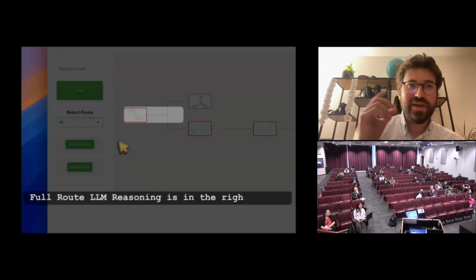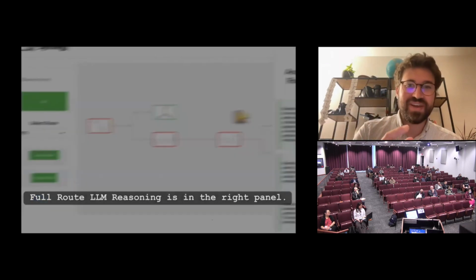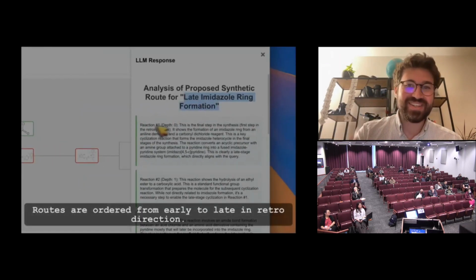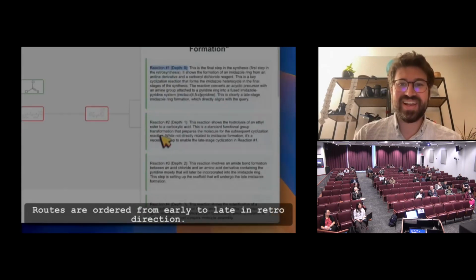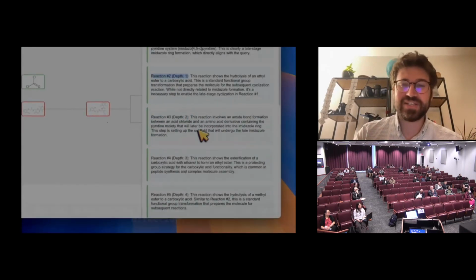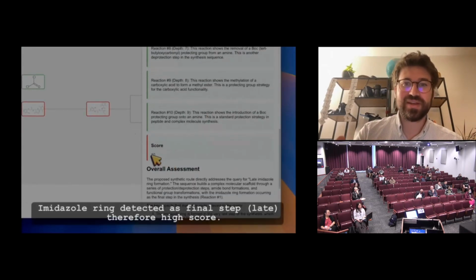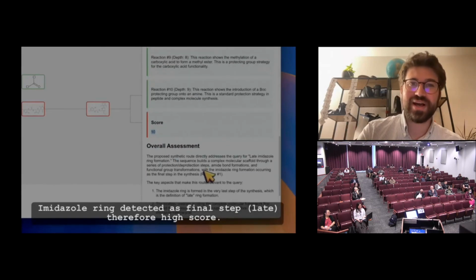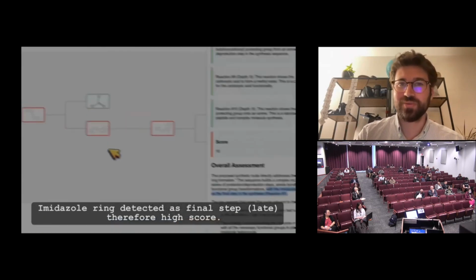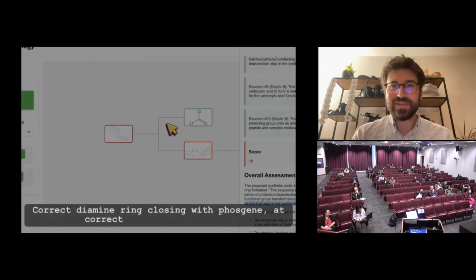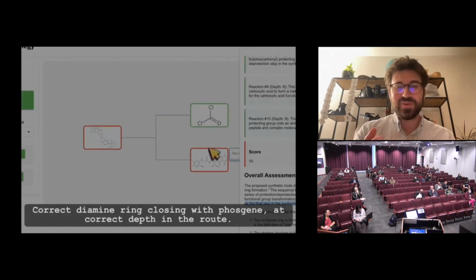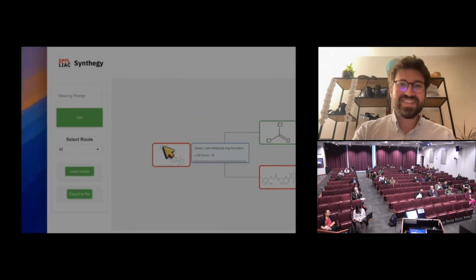So now you can have a steering prompt and you have an analysis by the LLM that goes through every reaction and describes it and assesses how well it aligns with what you actually want to see. And so this is a way to really go to steerable synthesis planning.